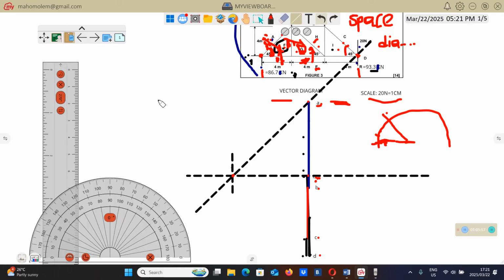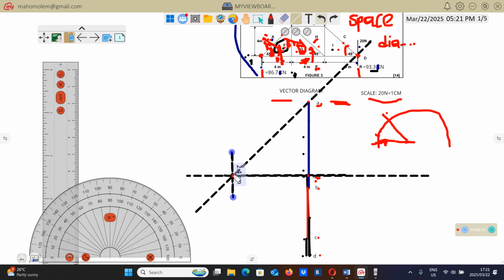I'm talking about where the horizontal line from E meets the vertical line from F. Where they meet, it will be point G. So that horizontal line from E meets the vertical line from F here.